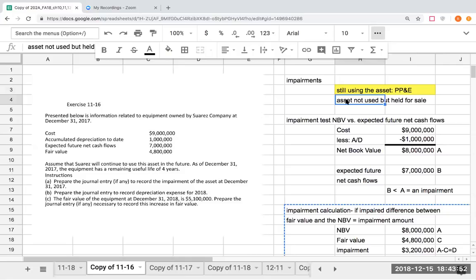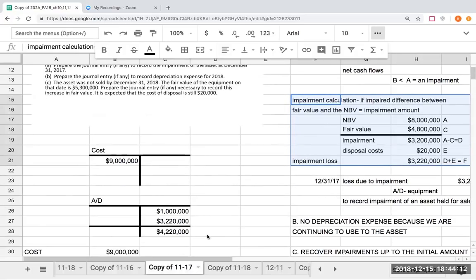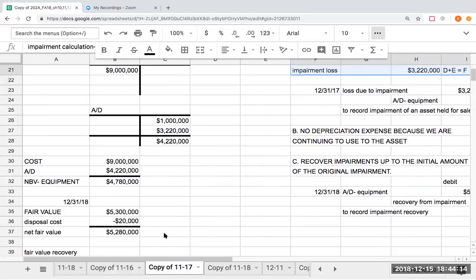Remember, depreciation is showing the use of an asset. Lastly, if there's a recovery and we're using the asset, don't do anything. If we're not using it, we can recover it up to the amount of the total impairment we've taken, but remember to still account for that disposal cost.